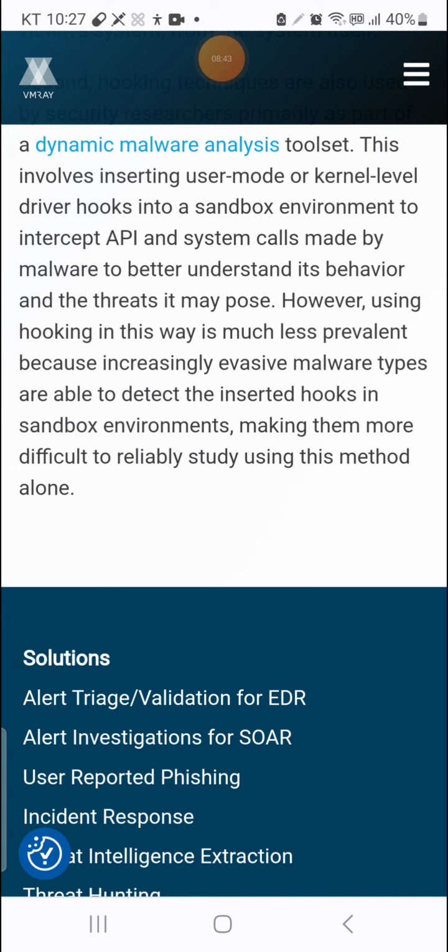And the hooking works on the applications and the operating system itself. Obfuscate. Researchers and malware authors, they both use hooking, right?